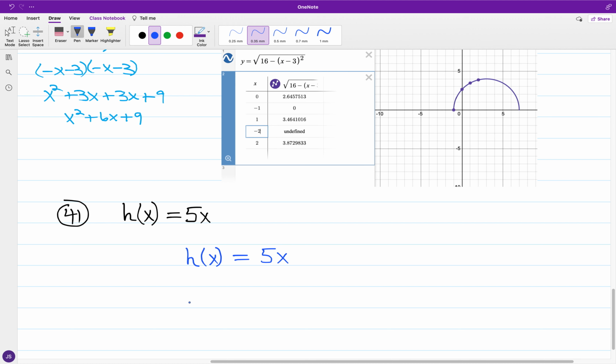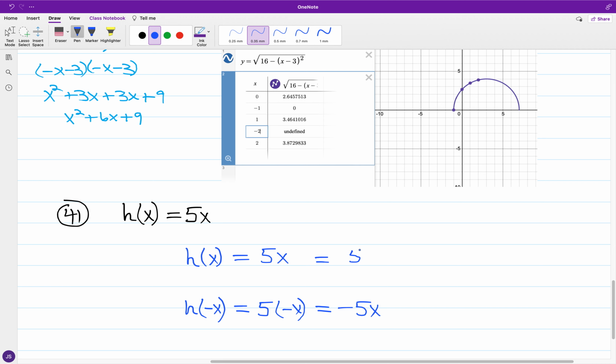So you have h of x equal to 5x, and with the input at negative x, our output is going to be 5 times negative x, and that is going to be negative 5x.